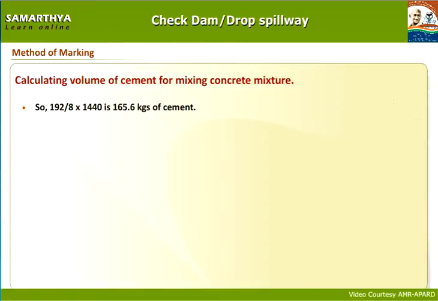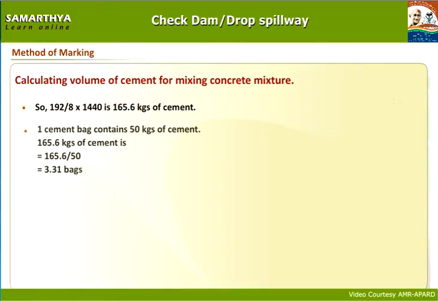So, 0.92/8 into 1440 is 165.6 kgs of cement. 1 cement bag contains 50 kgs of cement. 165.6 divided by 50 equals 3.31 bags.